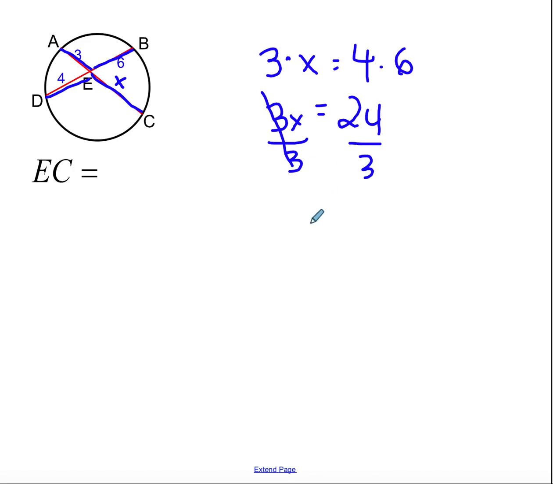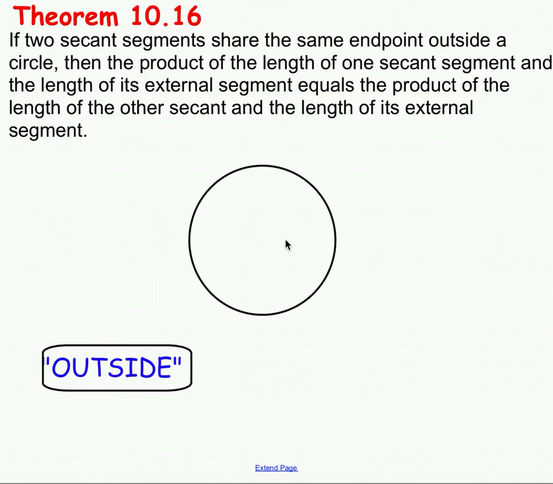Divide both sides by 3, and I get that x, which if you remember is EC, is 8. Okay? So EC, which we described as x, is 8. All right, and we use theorem 10.15 to find that. All right, moving on to theorem 10.16.